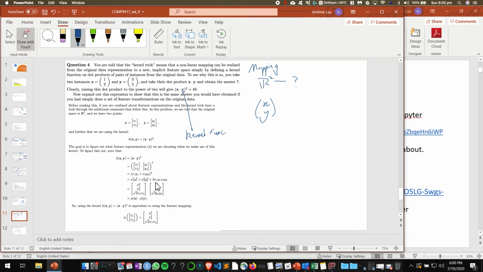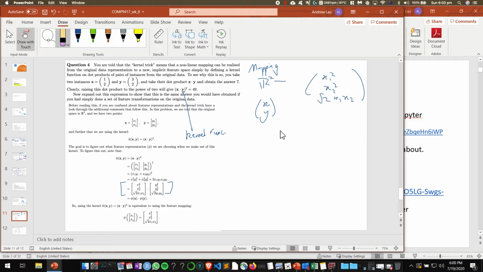We can see here, if we were to express it in terms of some kind of mapping, in terms of dimensions, it would have to look something like this. So now we have this mapping: x1 squared, x2 squared, and then square root 2 x1 x2, like this.